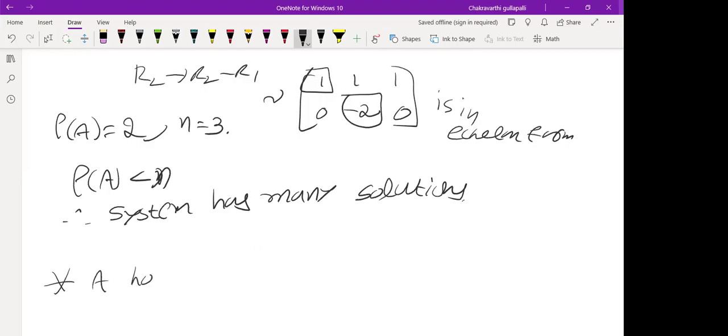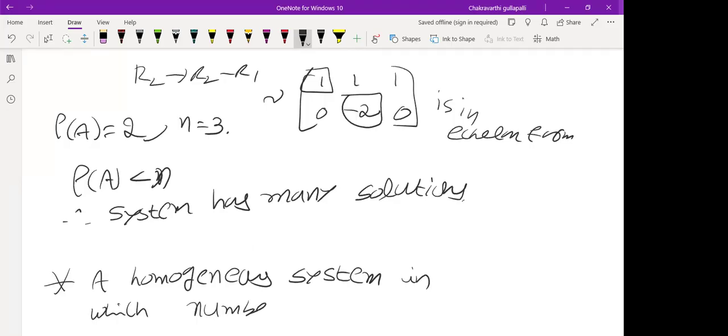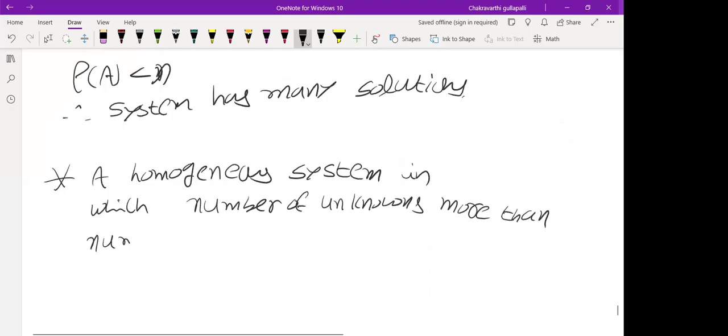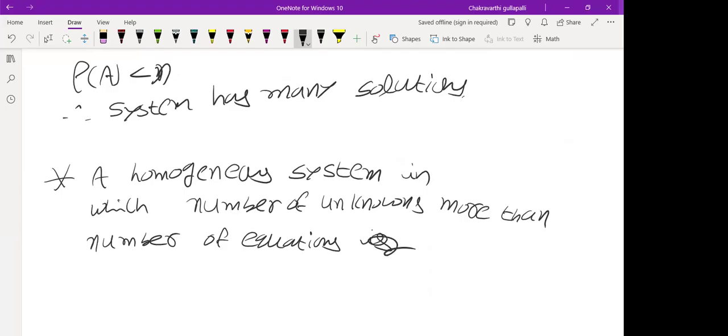A homogeneous system in which the number of unknowns is more than the number of equations gives many solutions.